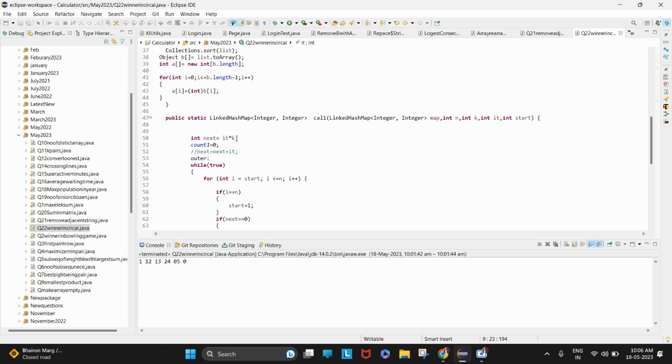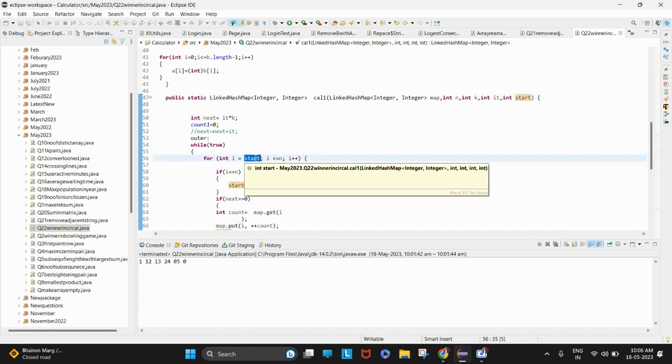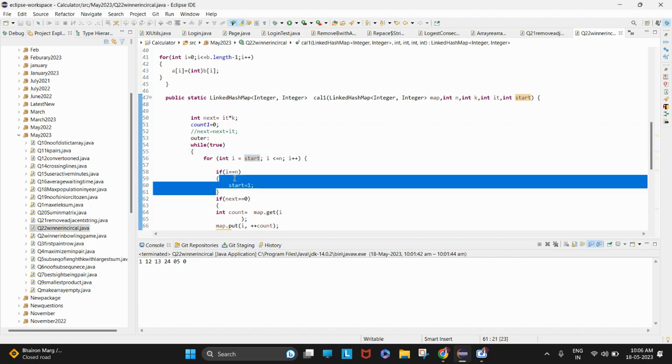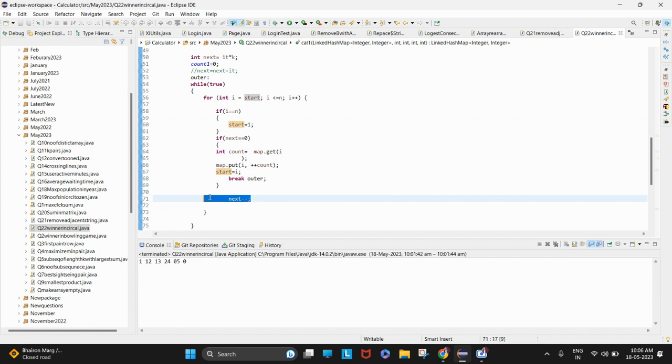For the first person, it should be 1 times k, so I have to move two positions more. Start is initially 1, and start will change. While true, if i equals 1, start will be equal to 1, because when the loop ends, I will set it to 1 if there are more elements remaining.